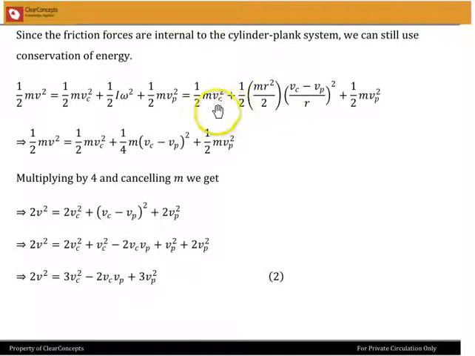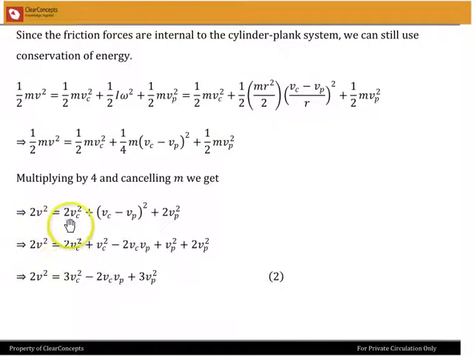So we get half m Vc squared plus half times mr squared by 2 times (Vc minus Vp) by r whole squared plus half m Vp squared. Simplifying this, we get half mv squared equal to half m Vc squared plus 1/4 m times (Vc minus Vp) whole squared plus half m Vp squared. We multiply this equation by 4 and cancel the m term, which is common to all terms.